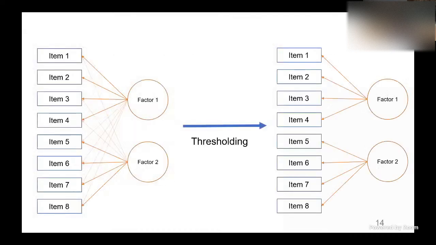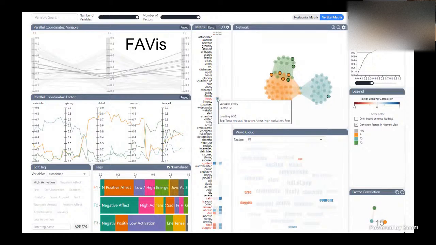So our approach is based on the idea of thresholding, where we can remove some of the factor loadings with small values by setting some threshold value. FAVis has multiple views to visualize factor loadings, while we allow users to interact with each view by linking and brushing, and also we have a threshold view to control the amount of information we want to show.